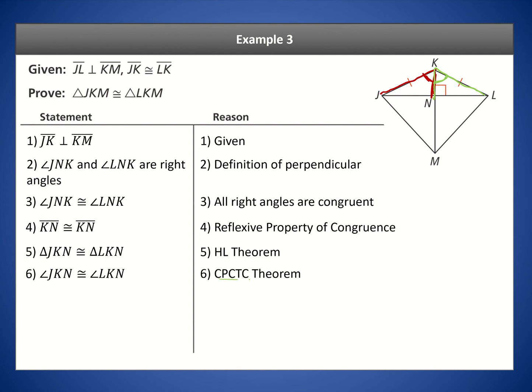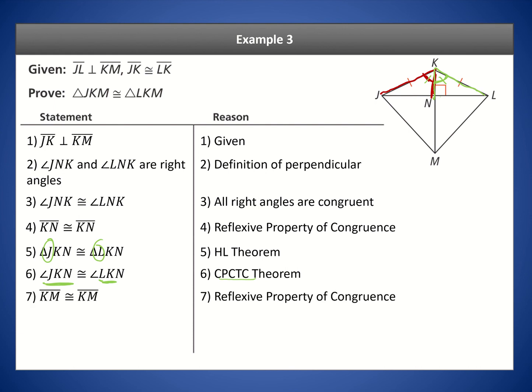Because of CPCTC: corresponding parts of congruent triangles are congruent. We can pick that off directly from this statement right here. Angle JKN is congruent to LKN. So that's by CPCTC. So now we know that these are congruent, and because they're congruent, we can go ahead and proceed from there.